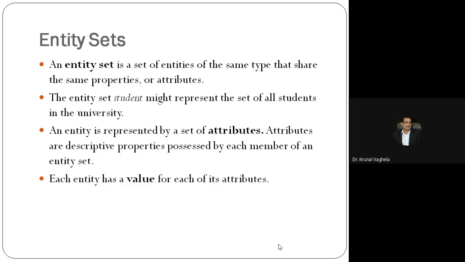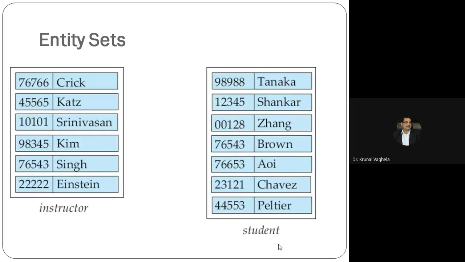And each entity has attributes, and each attribute should have a value. Now, in a database, the entity set is nothing but the table. So, in the ER model, entity set is table. After this chapter, we will learn the relational model.